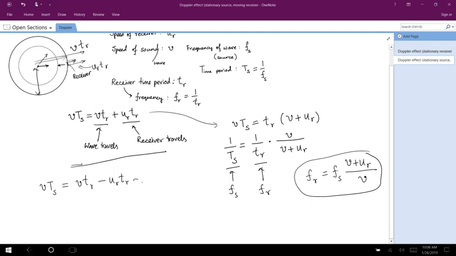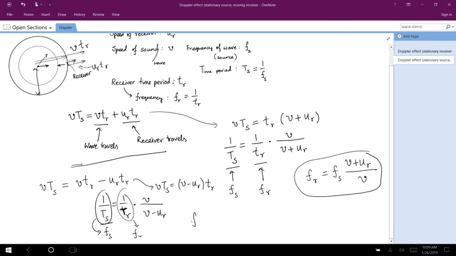So again, one can simplify this and write this as V TS is equal to V minus UR times TR. And once again, we can do the algebra. 1 over TS is equal to 1 over TR times V divided by V minus UR. And we can use FS for 1 over TS, and 1 over TR similarly is FR.